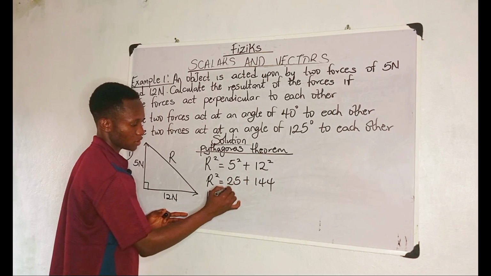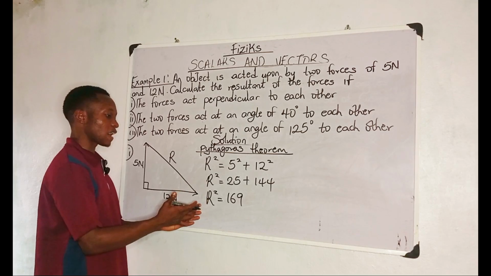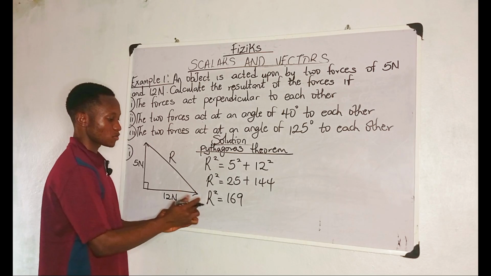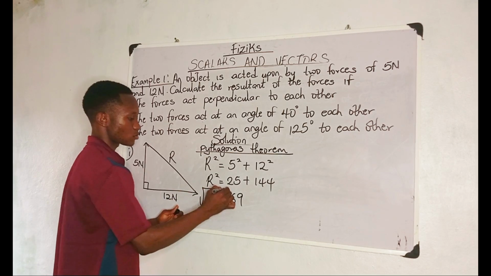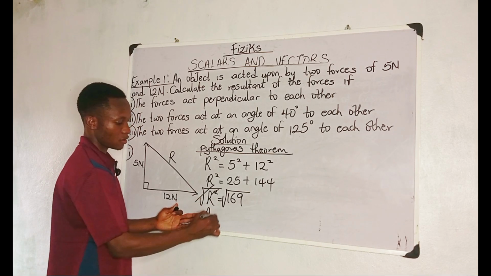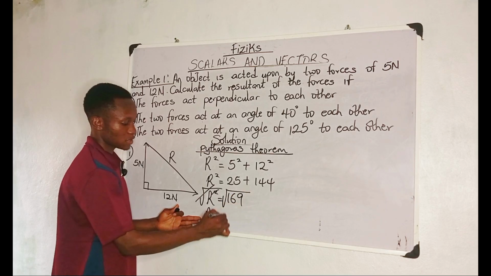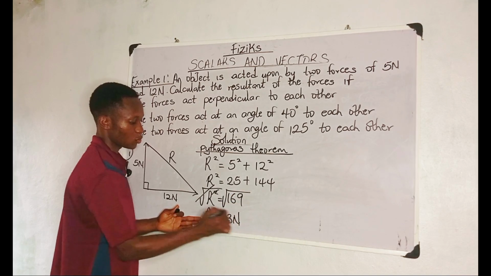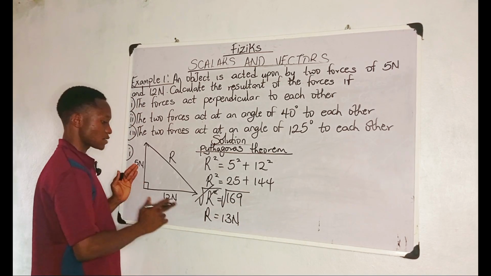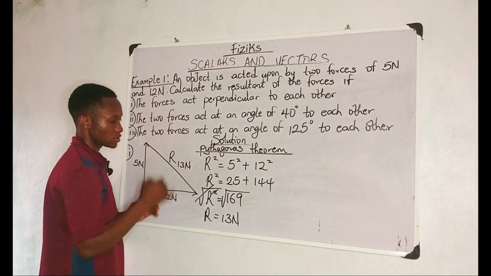R squared is equal to 169. We are asked to find R, not R squared, so I'm going to square root both sides. Square cancels square root, of course. So R is equal to the square root of 169, which is 13. I'll put Newton because all the others are also in Newton. So here it's meant to carry 13 Newton.